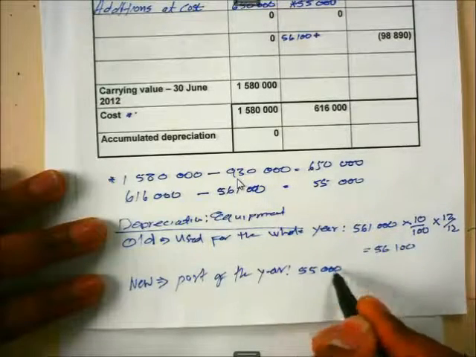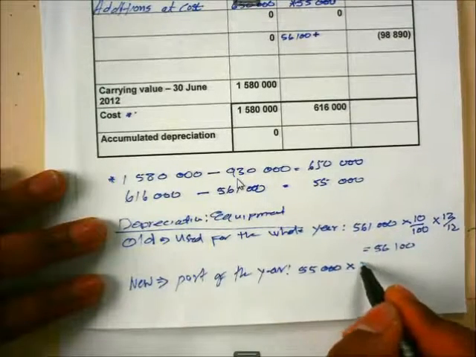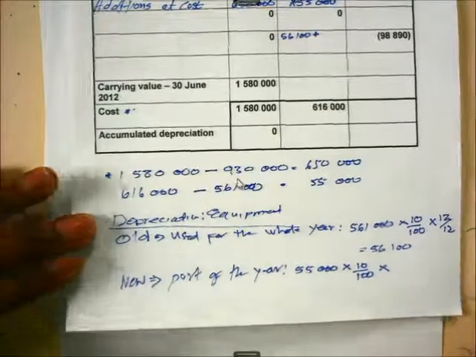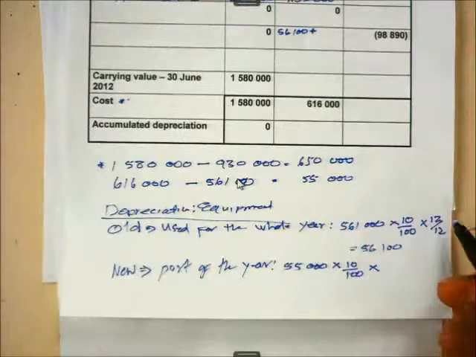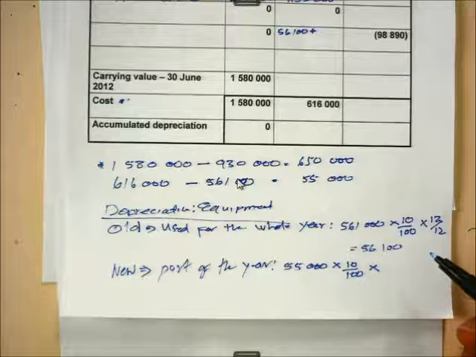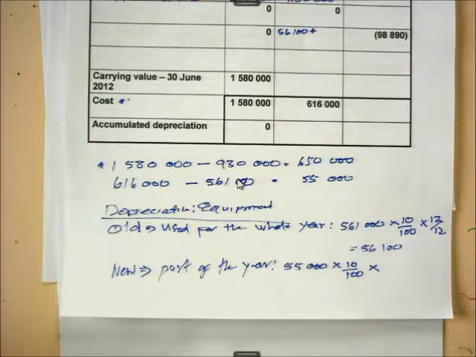Then we have your 55,000 multiplied by 10 over 100. Now, we did not use it for the whole year. Therefore, we cannot multiply by 12 over 12. Okay? Therefore, we must find out the period for which we have used the equipment.